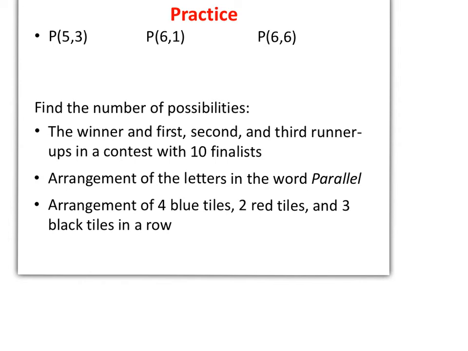So if I have P(5, 3), remember that that's going to mean 5 factorial over 5 minus 3 factorial, not over 3 factorial. So that's going to give you 5 factorial, 5 times 4 times 3 times 2 times 1, over 2 factorial, 2 times 1, and then you just have to multiply the top. So 20 times 3 is 60.